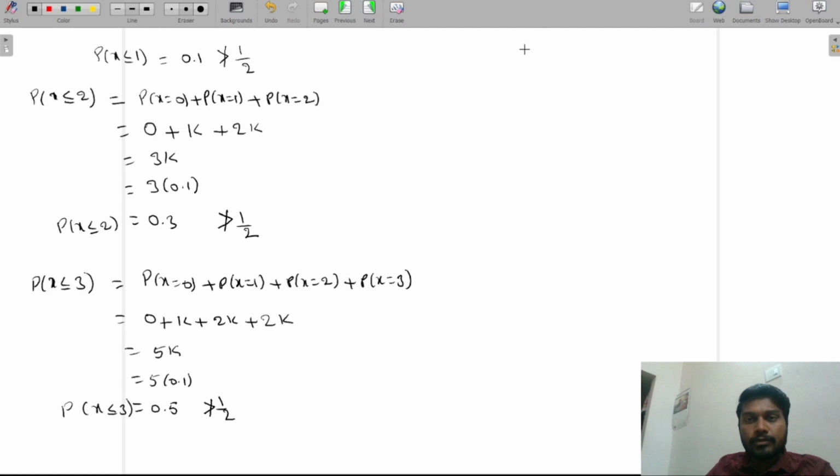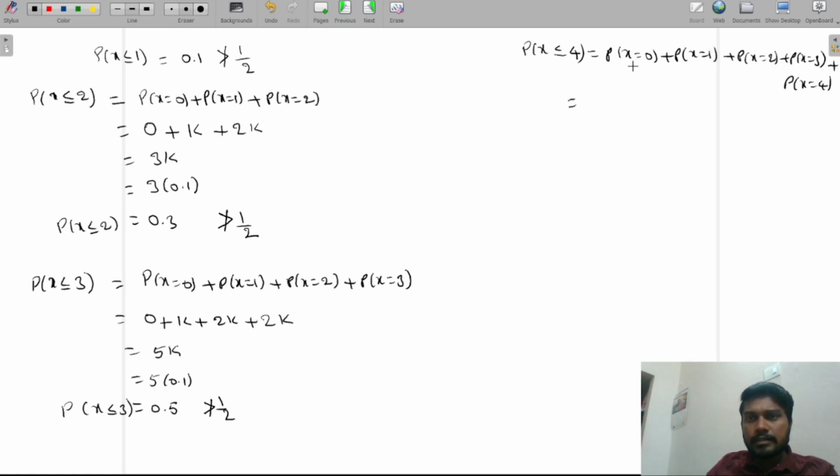So I'm substituting k equal to 4. Okay. So what is meant by X ≤ 4? P(X=0) plus P(X=1) plus P(X=2) plus P(X=3) plus P(X=4).